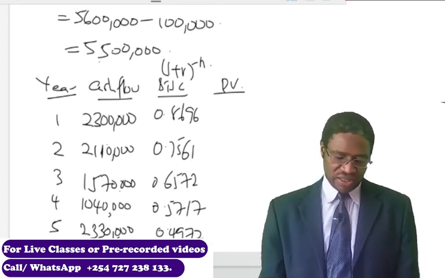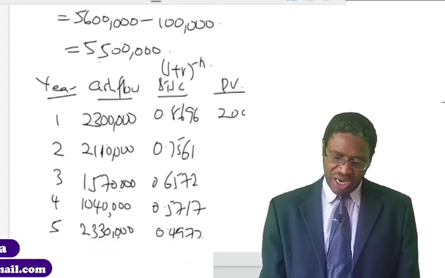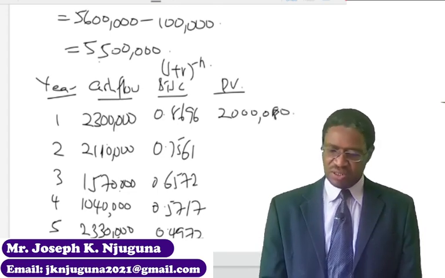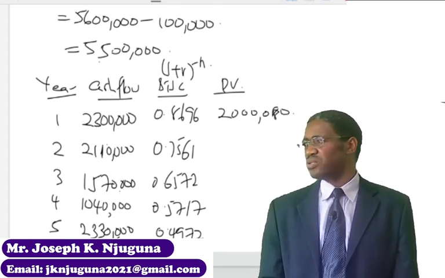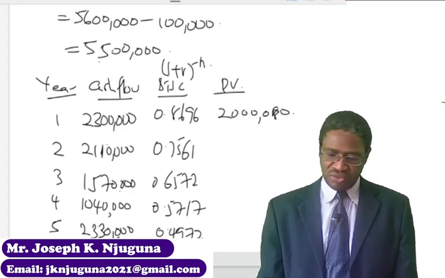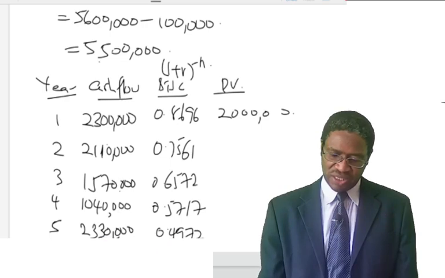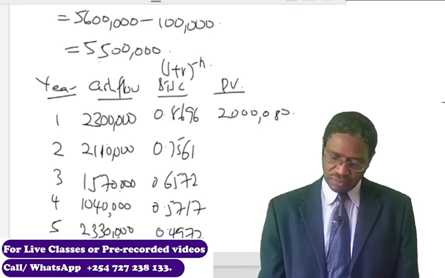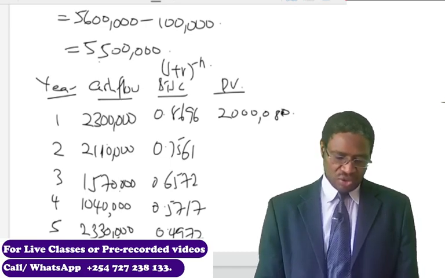I am getting something like 2,080,000. That's what I'm getting. That's all for the first one.